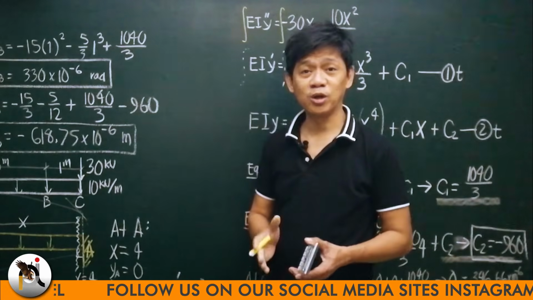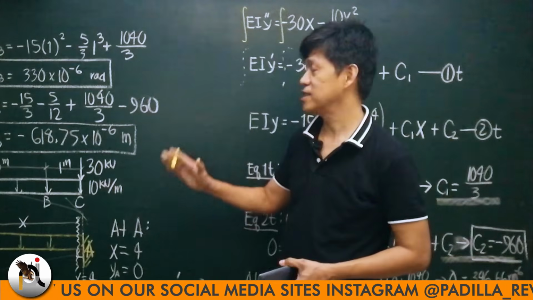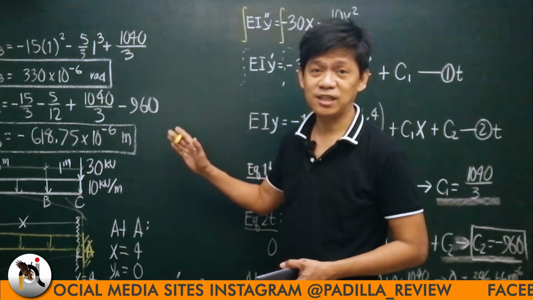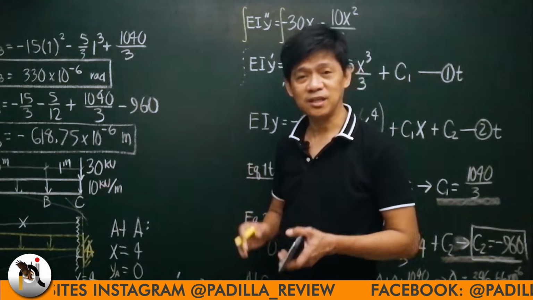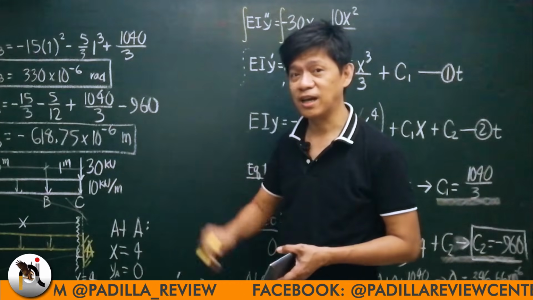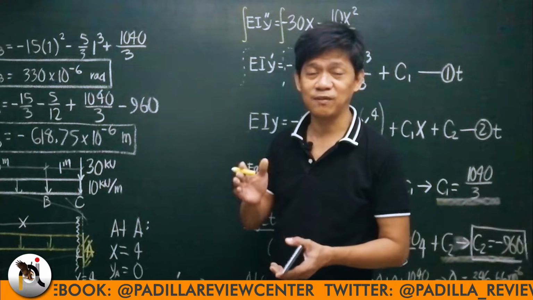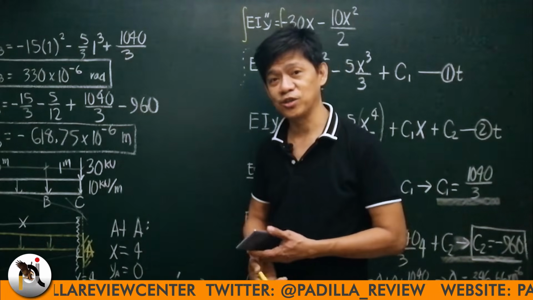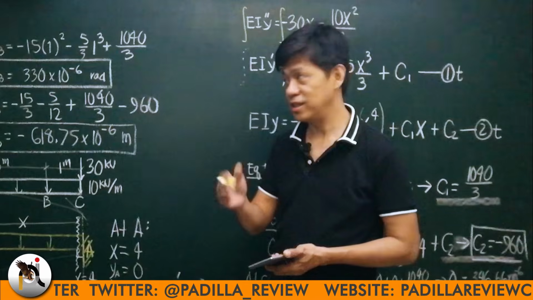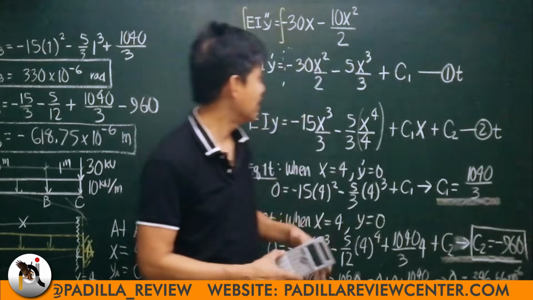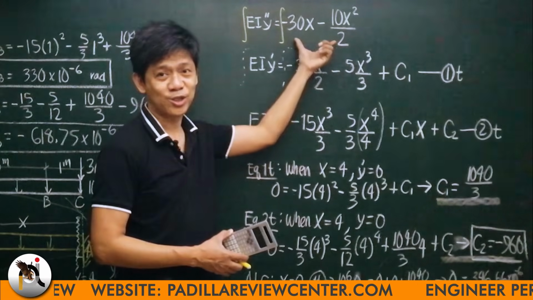The advantage of the double integration method is it doesn't need a moment diagram, it doesn't need a tangent line, it doesn't need an equation involving the tangent line, the deviation, and the deflection. So you only need the generalized moment equation.